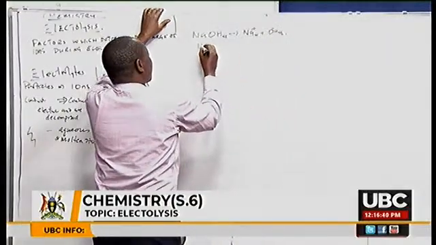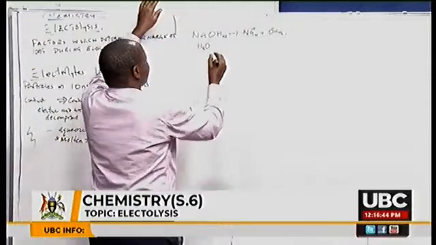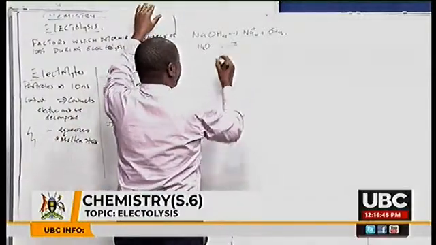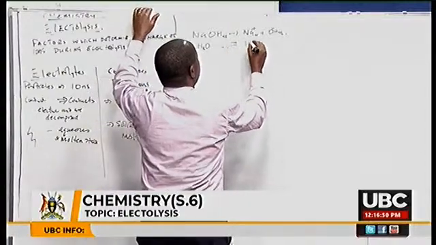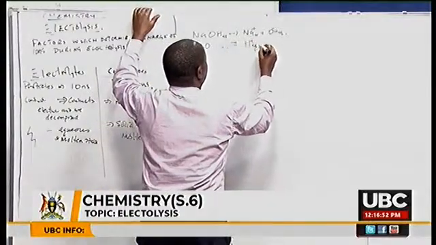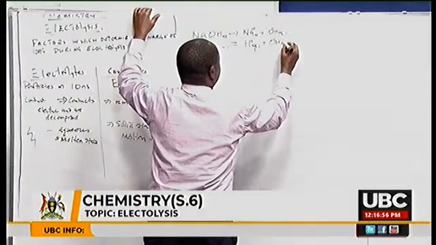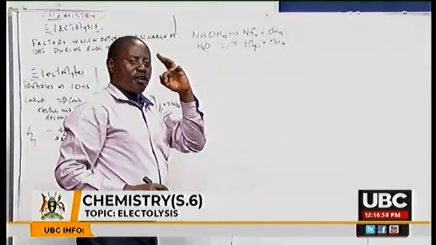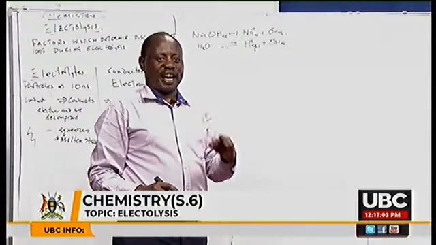But water also partially ionizes when electric current passes through. It does not remain 100%. It partially ionizes because it is a weak electrolyte, to form hydrogen ions plus hydroxyl ions. Now we have 3 ions.